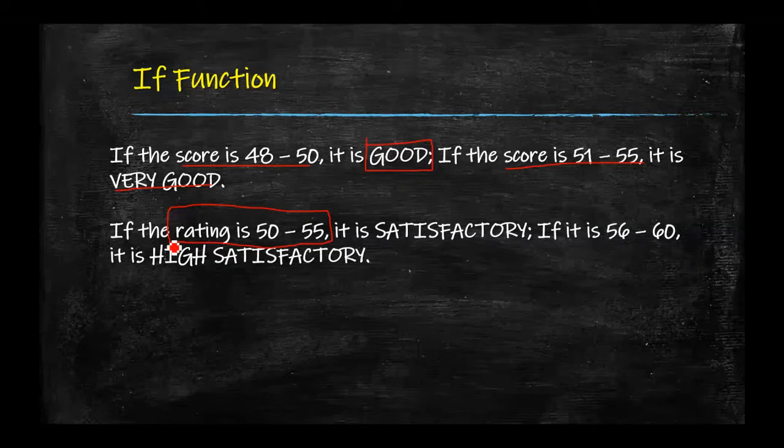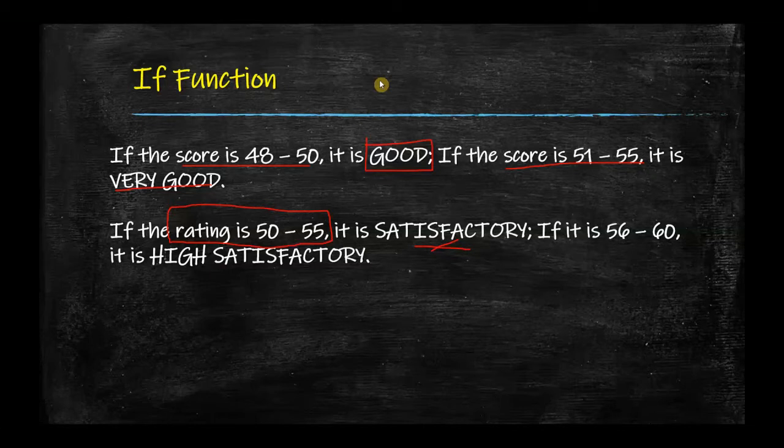What about the second part of our sentence? If it is 56 to 60, it is high satisfactory. What is the condition there? Only if it is 56 to 60 can you get high satisfactory.